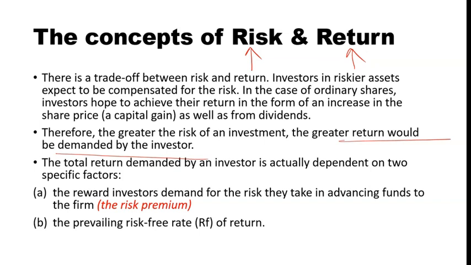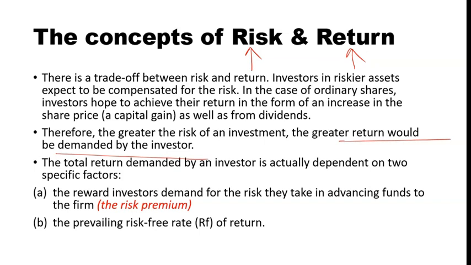The total return demanded by the investor depends on two specific factors. The first is the reward investors demand for the risk they take in advancing funds to the firm. This is the risk premium. And then the prevailing risk-free rate of return.